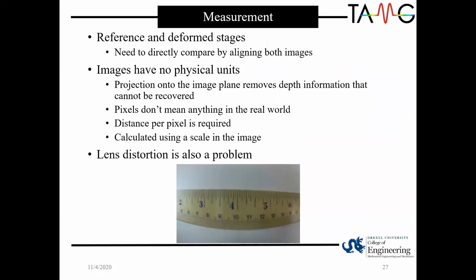Now, generally for measuring with an image system, you need to have a reference and a deformed stage. Now, images generally don't have physical units, so we need to find a way to take a picture where we can convert those pixel values of the picture into actual measurable distance.